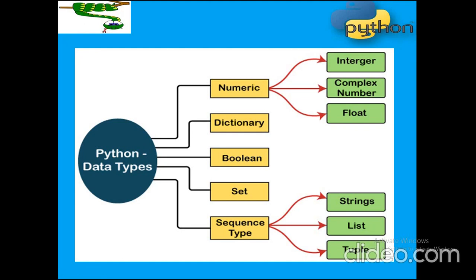And the remaining are Boolean and set. Actually there are four main standard classifications: numeric, sequence type, dictionary, set. Sequence data type includes string, list, tuple, whereas numeric includes integer, complex and float.